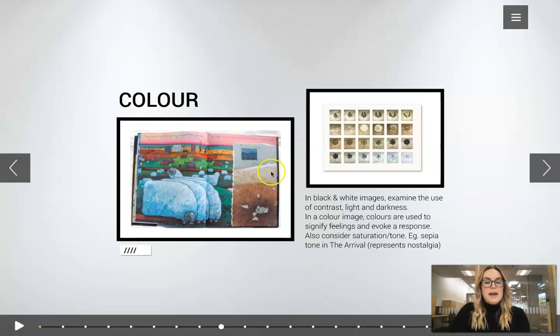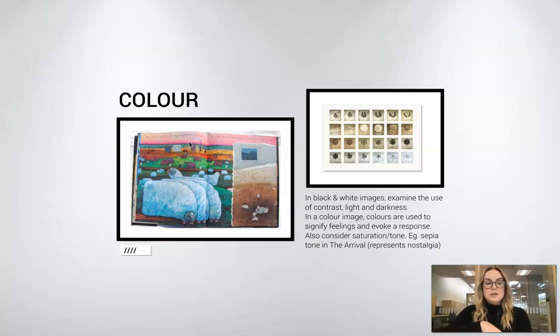And if we look at the browns and soft sand colours of the earth over here, that's really contrasted with the bright and artificial colours of your bright blue and your almost neon green and pinks. And that's really used to communicate messages about the differences between these groups of animals.